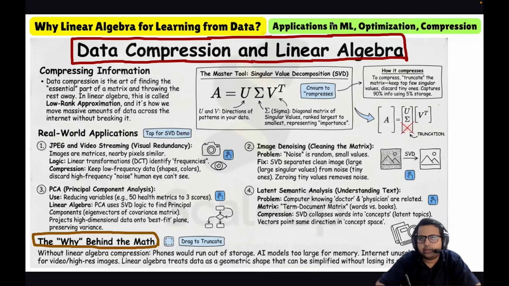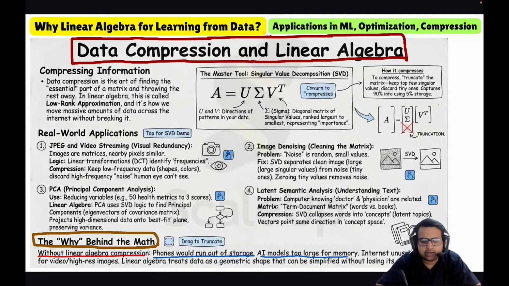See, if there was no compression via linear algebra, things would be very different. Phones would run out of storage. AI models would be too large to fit into computer memory.